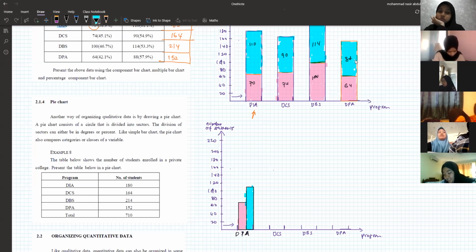Right. So this is how we do a multiple bar chart, and we continue for the next category, which is diploma computer science. Male is 74.